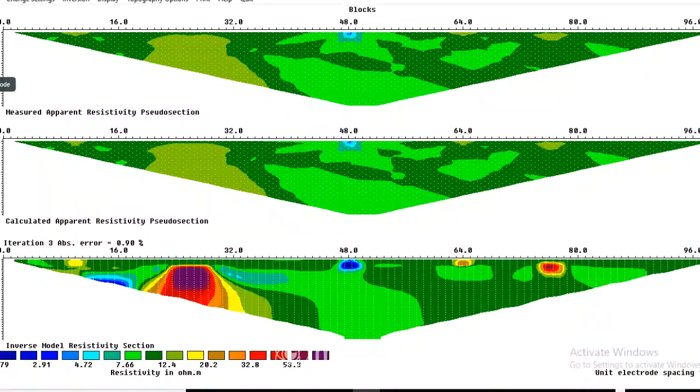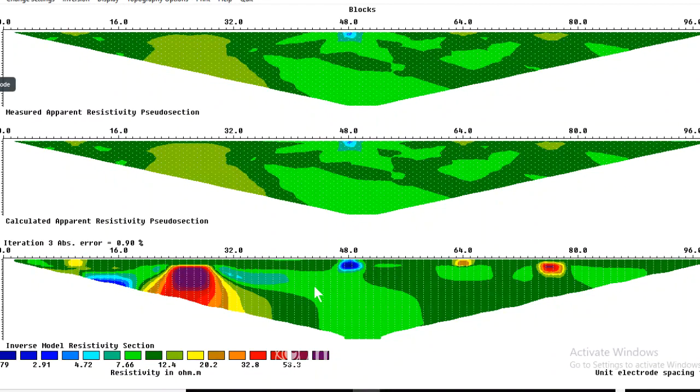This is the field measured value plotted by the pseudo section technique, and this is the calculated resistivity, which is expected to approach the true model resistivity value.